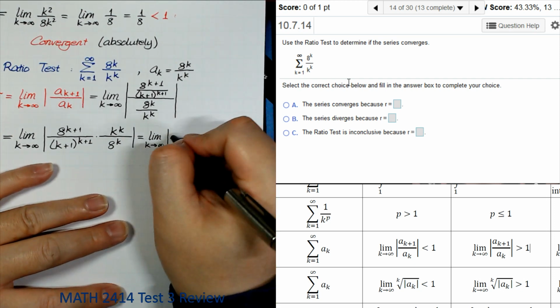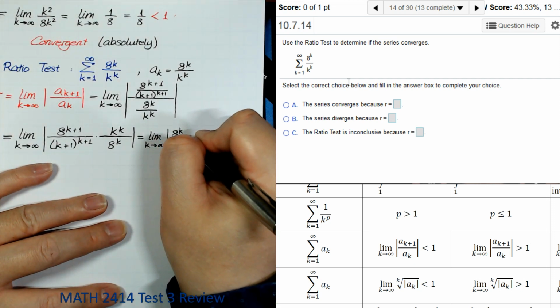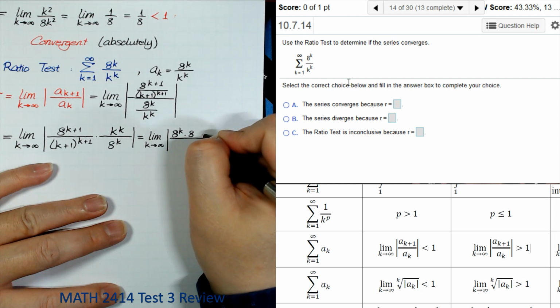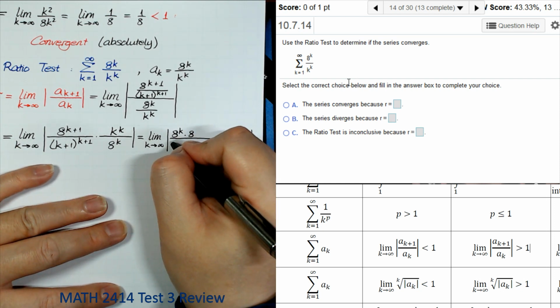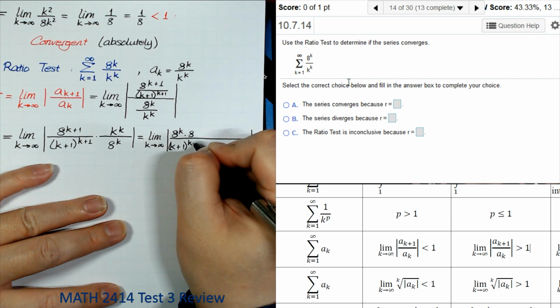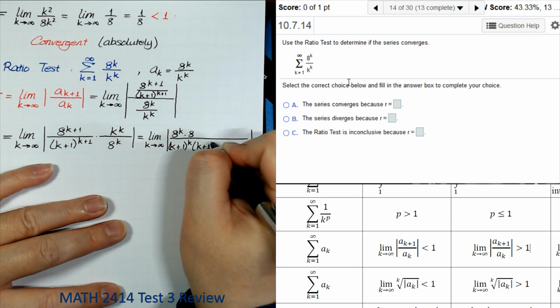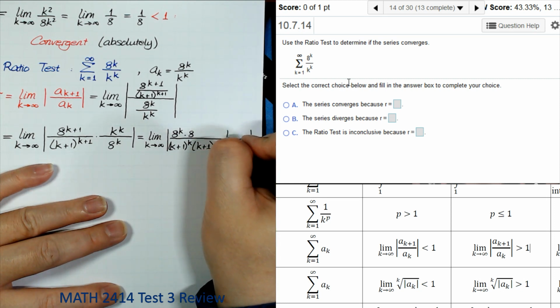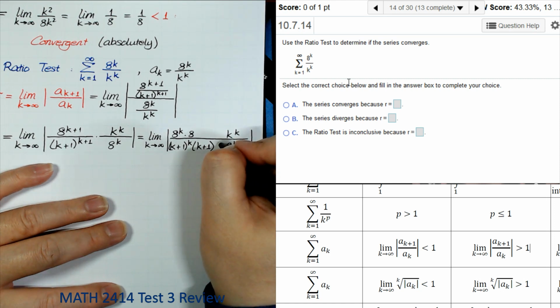Right, a to the k plus 1 is a to the k times 8. The bottom is k plus 1 to the k, and then times k plus 1. The top row is k to the k, a to the k.